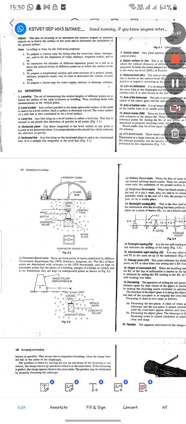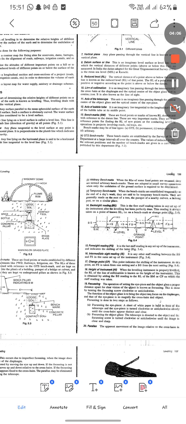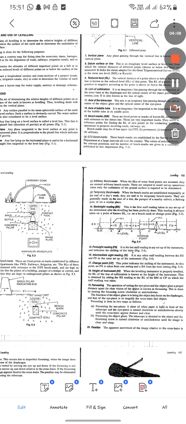It is a straight line tangential to the level line. We have vertical plane. It is any plane passing through the vertical line.